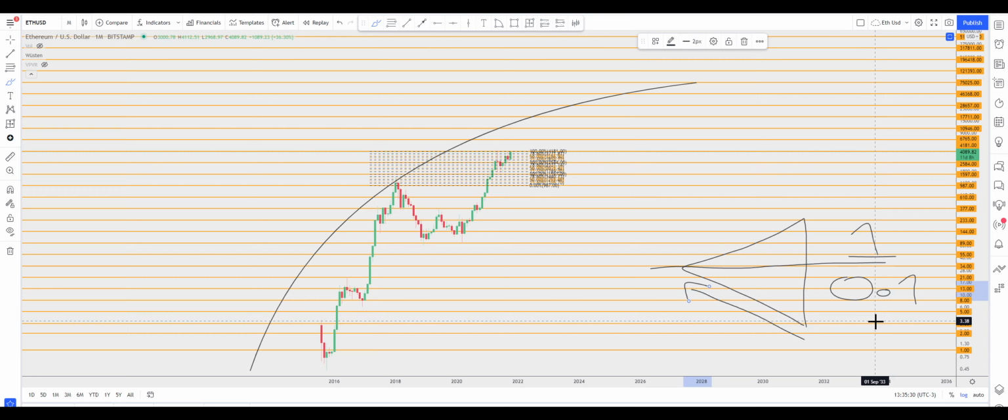For example, the micro cent, the cent, then 1, 1 to 10, 10 to 100, 100 to 1000, 1000 to 10,000, and every single step up, again, 1 to 10, 10 to 100, 100 to 1000, 1000 to 10,000, 10,000, 100,000, we start to lose steam.